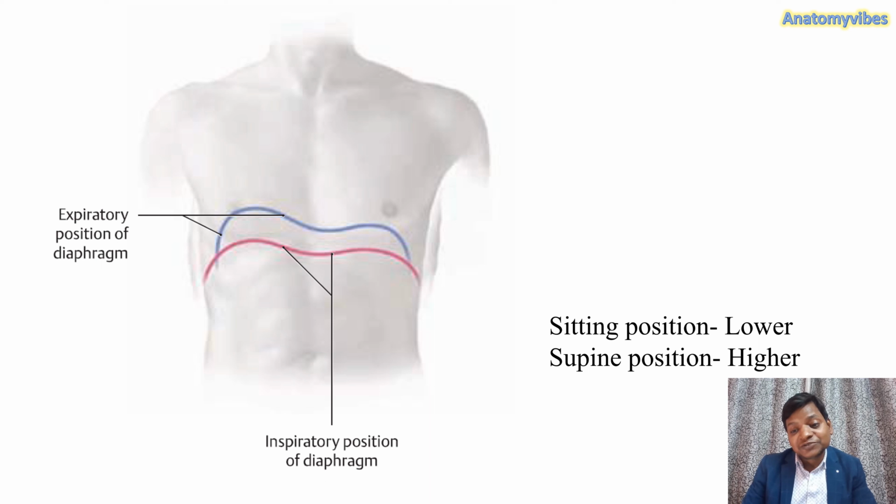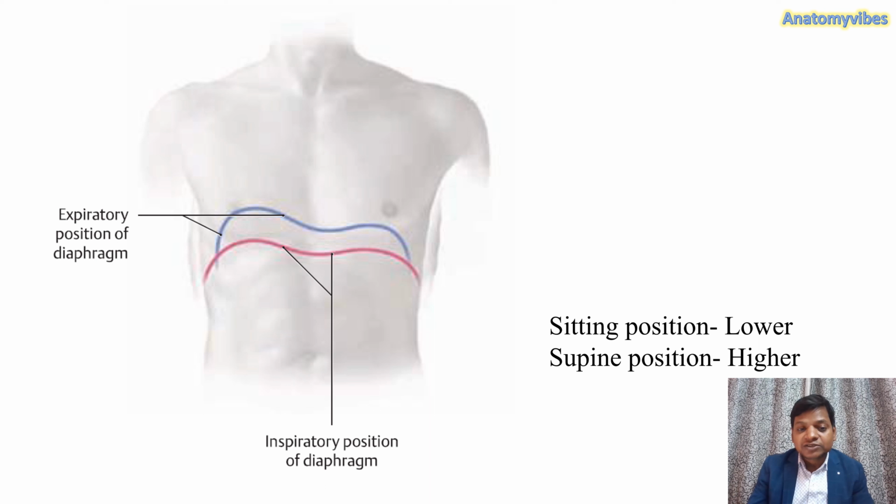This diagram is very important. As we have discussed the levels of right and left dome as well as central tendon, but since the thoracic cavity pressure is changing continuously and diaphragm is moving up and down, the position of diaphragm is not static.